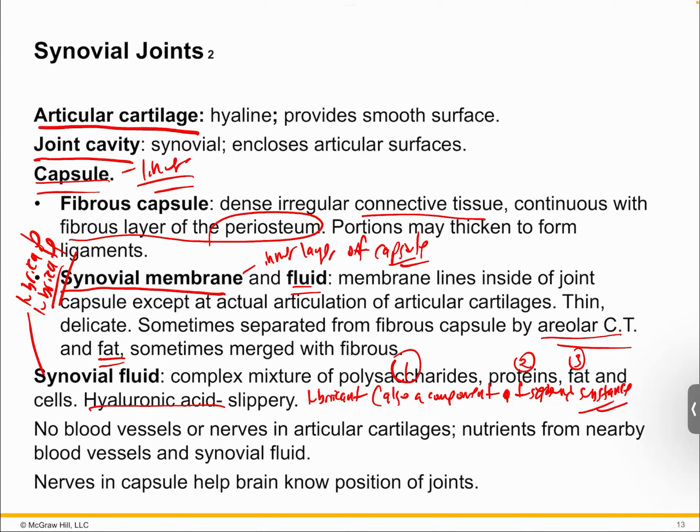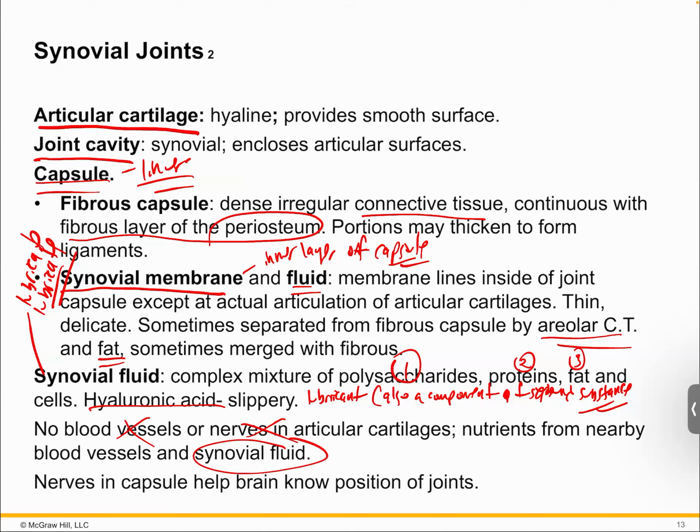Now, it's important to understand that in this system, because you're in that interzone between two bones, you don't have any blood vessels in there. This is not a nerve-rich area, and it's not vascular, especially in the articular cartilage area. So where are the nutrients coming from? They're either diffusing from nearby blood vessels or being loaded into the synovial fluid.